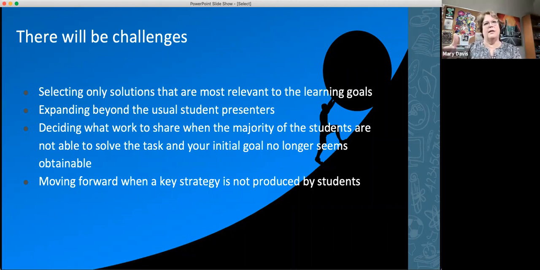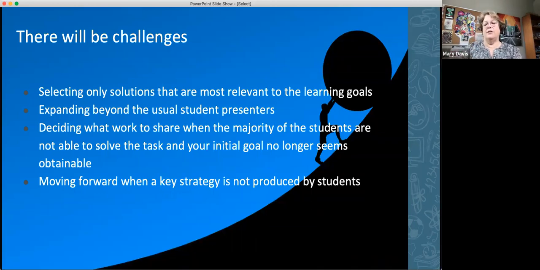We need to make sure the kids stay on the task to get to that goal. And if all of a sudden they're all wrong and all off task, figure out what can help them get back on the right task, whether it's looking at some of the student work or you putting a question or two in.